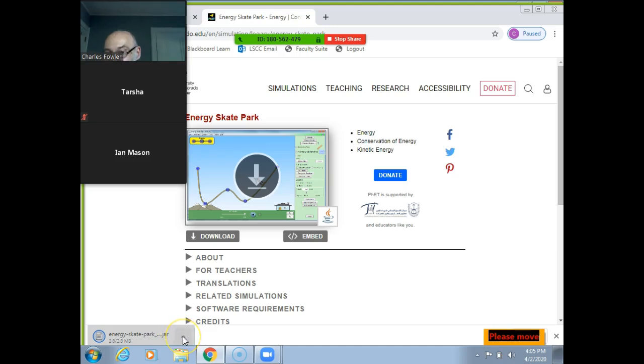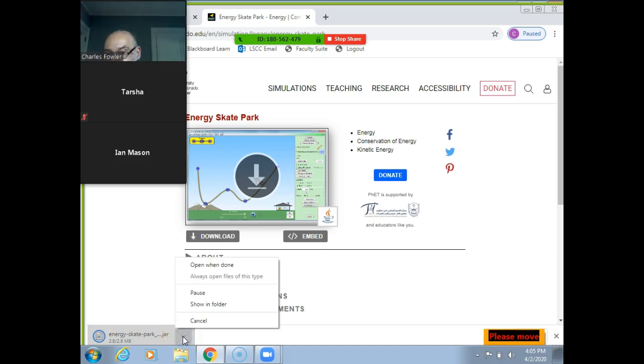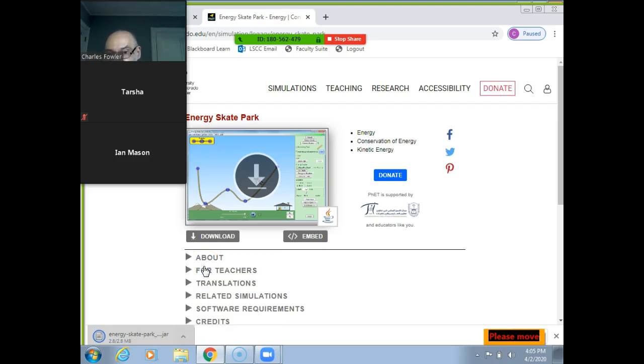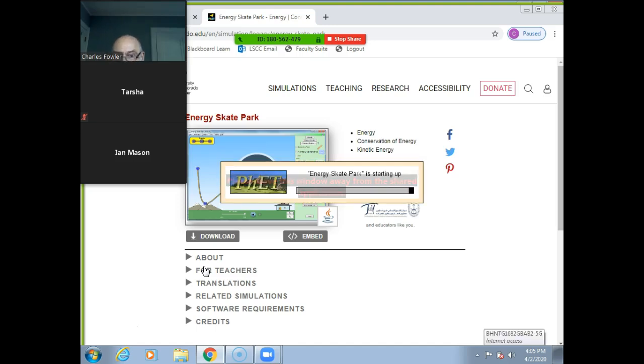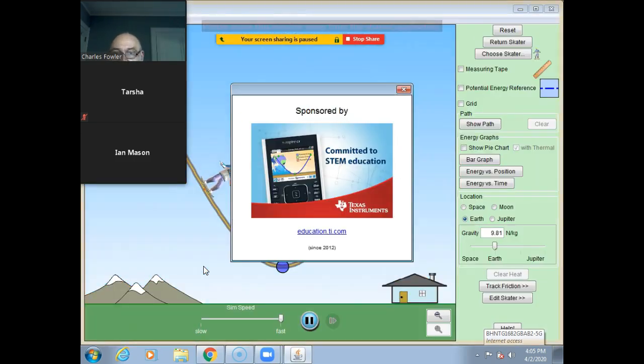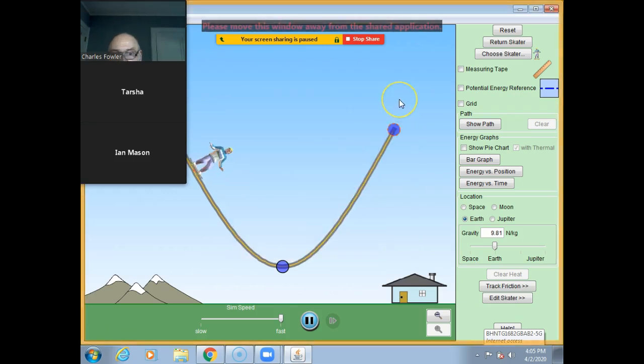If it doesn't, go to the arrow and open when done. I don't know what it's doing, but open when done. And again, it takes a while. Be patient. I think it will come up. There it comes. It's starting up now. There we have it.